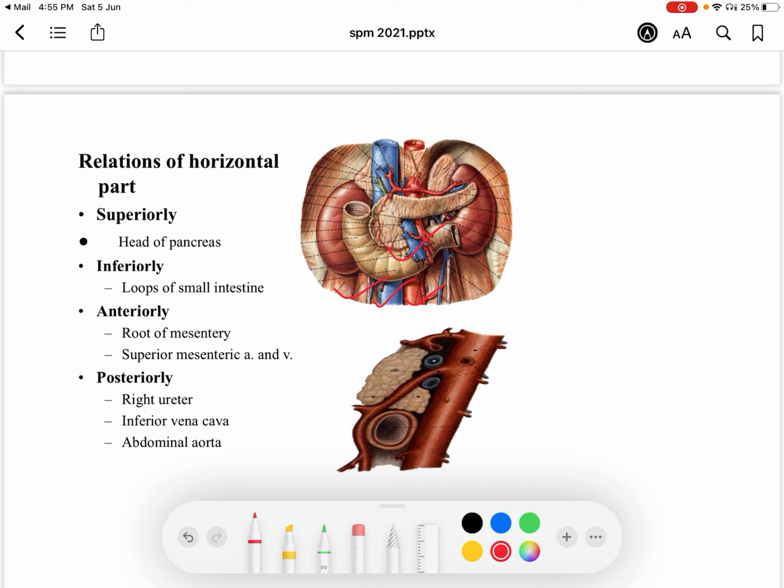In the next diagram, you can see the origin of the superior mesenteric artery at the level of L1. It passes between the head of the pancreas and uncinate process and above the third part of the duodenum. So this is where the superior mesenteric artery arises.